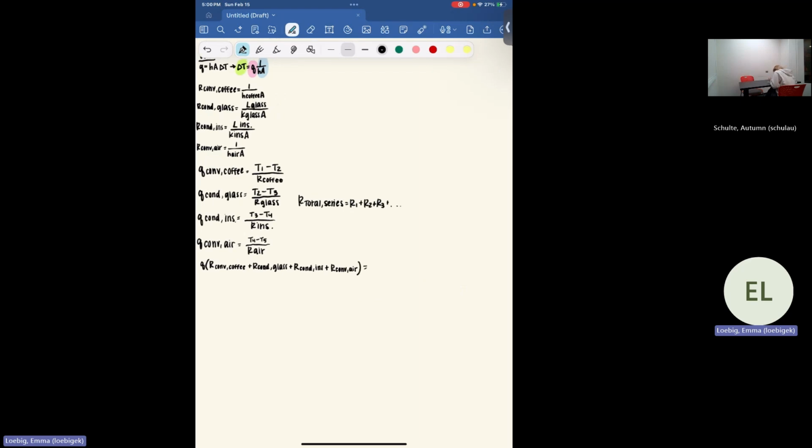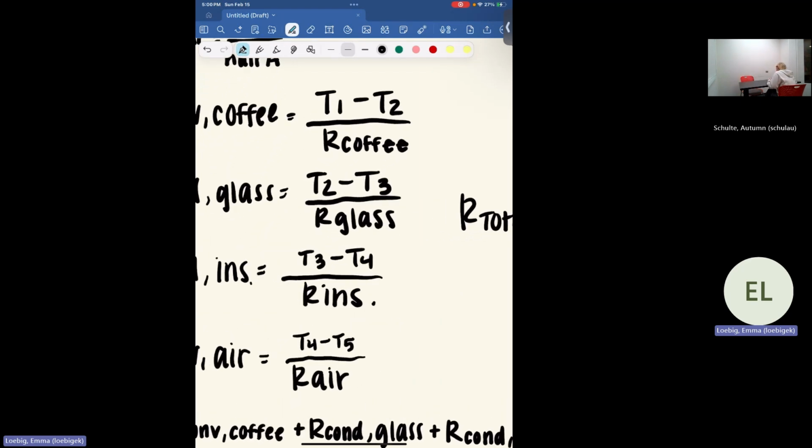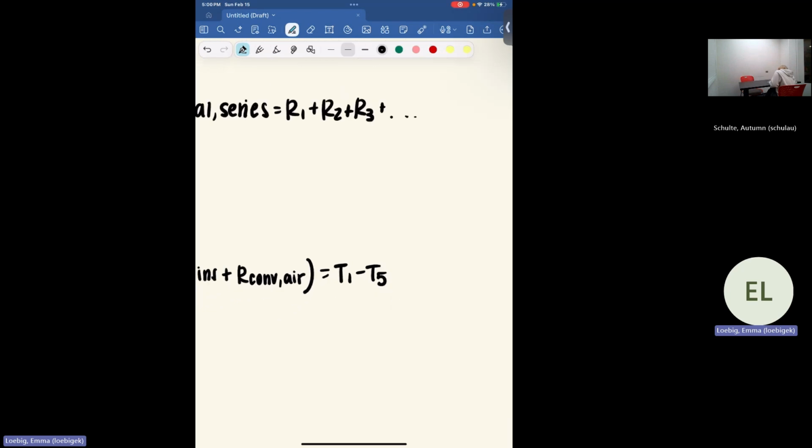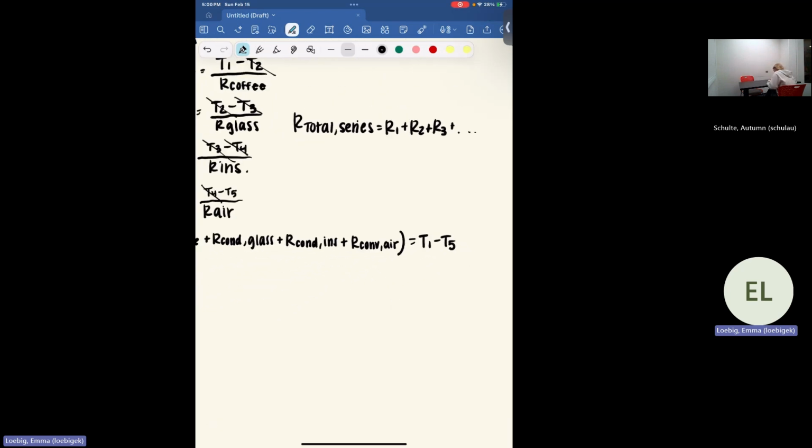This is going to be equal to the sum of our temperature differences. So if we add all of these temperature differences together, we can see that T2 cancels, T3 cancels, T4 cancels, and we're simply left with T1 minus T5. So our overall temperature difference.